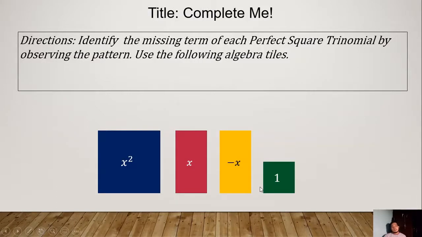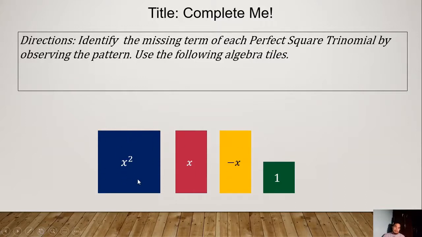Now let's go to our preliminary activity. For our preliminary activity entitled Complete Me, we will identify the missing term of each perfect square trinomial by observing the pattern and using the following algebra tiles.